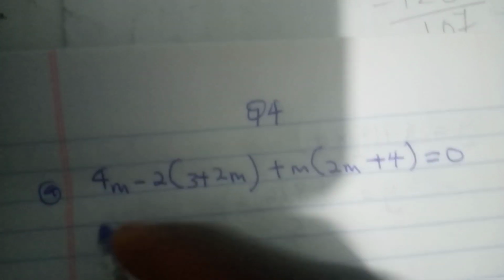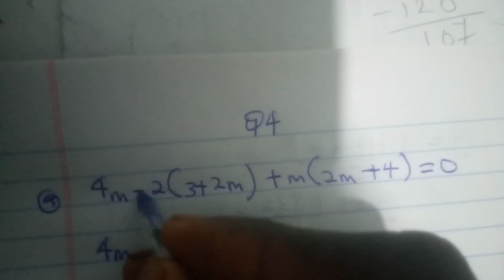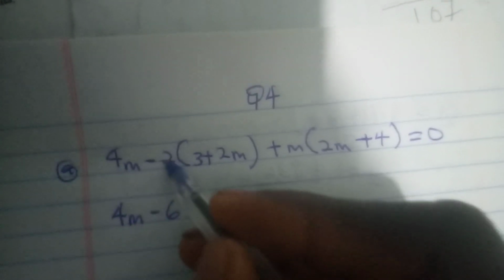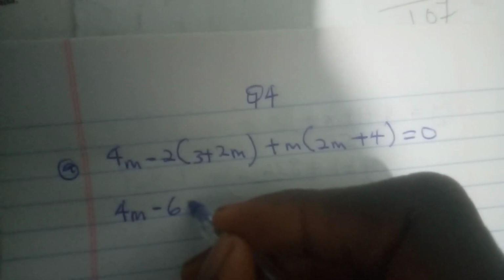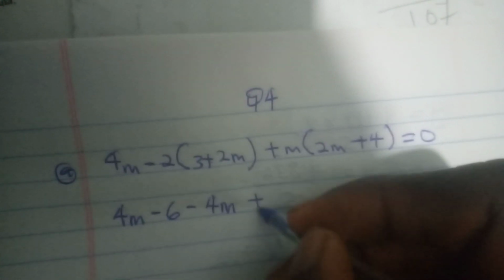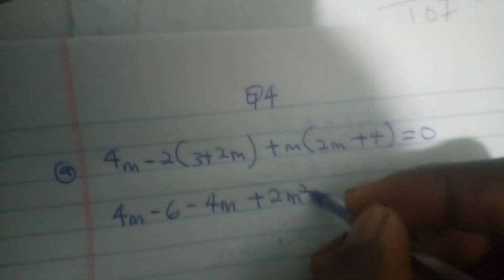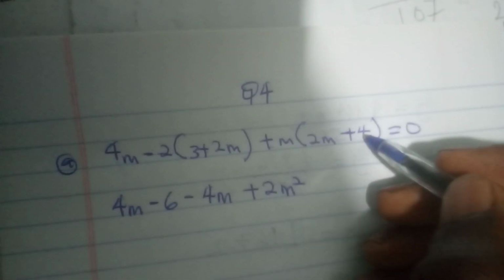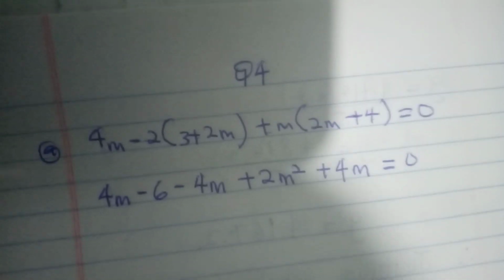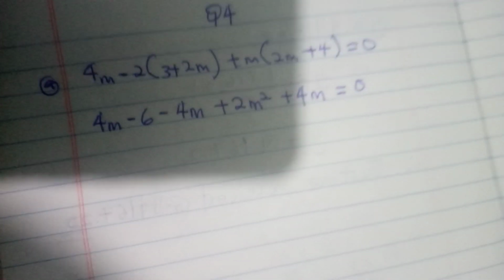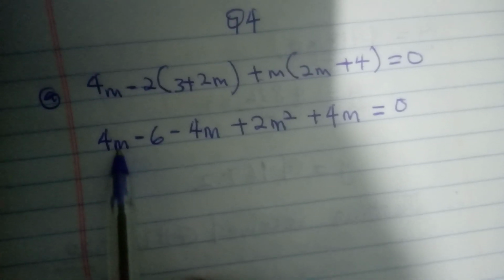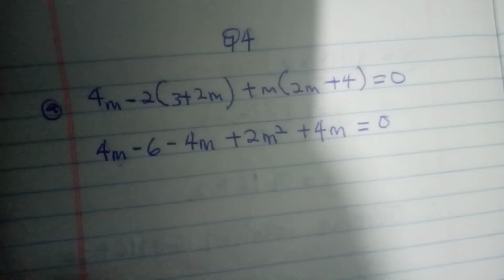So we are going to say 4m, then negative 2 multiplies 3, giving you negative 6. Then the negative 2 multiplies positive 2m, which will give you negative 4m. Then you multiply m by 2m, giving plus 2m squared. Then m will multiply plus 4, giving plus 4m, which is equal to 0. From here, we group like terms. Grouping of like terms simply means that all those with the same variable should be at one side.